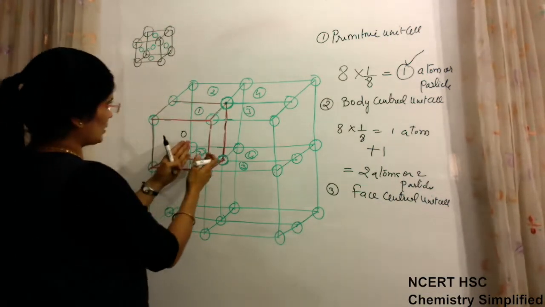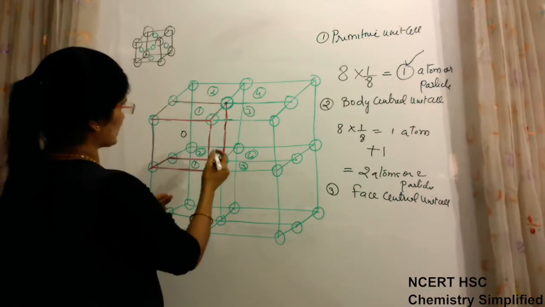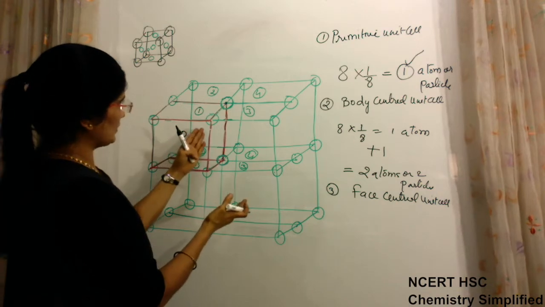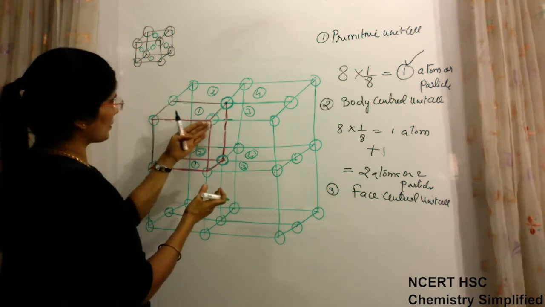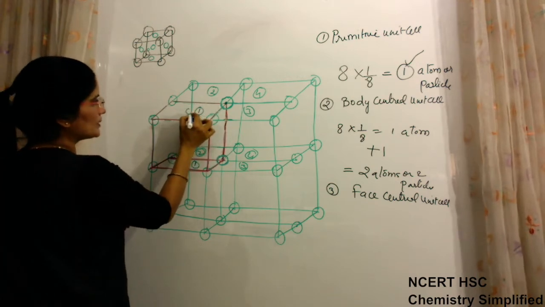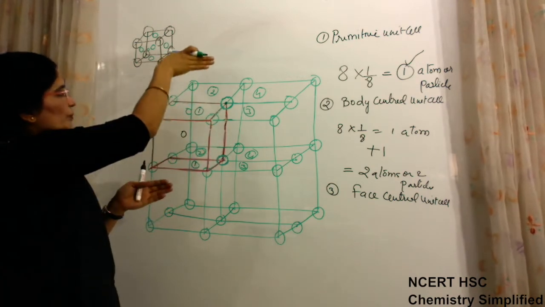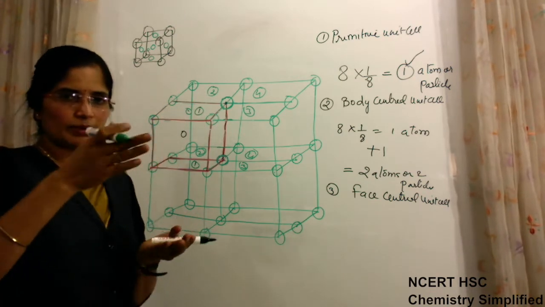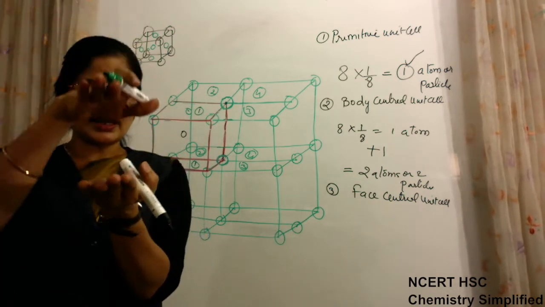Now when a particle is present on a face, if you look at the complete crystal, you will see that one face is shared. Suppose this is the top face and one particle is present here. If you place another unit cell on this, then this particle will be shared by the unit cell above and the one below.